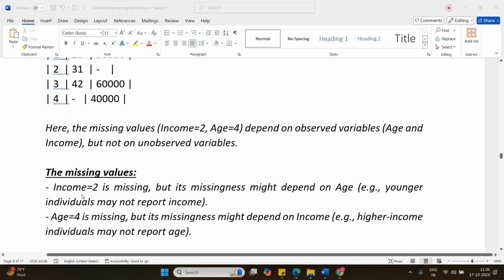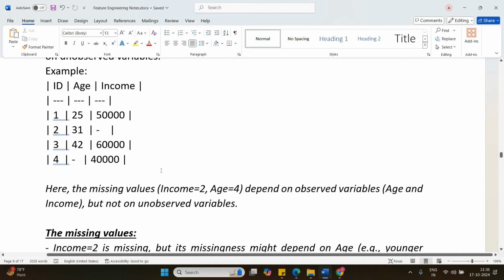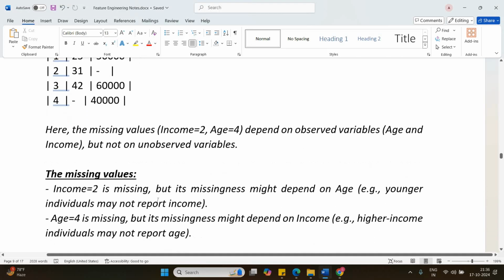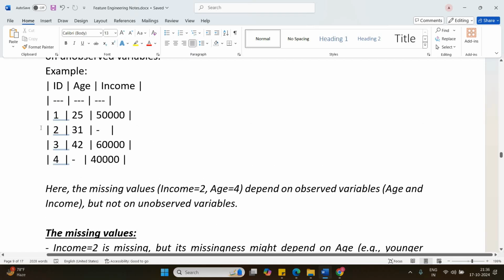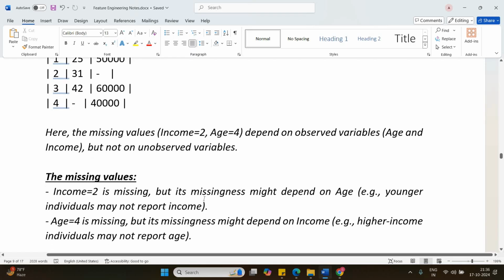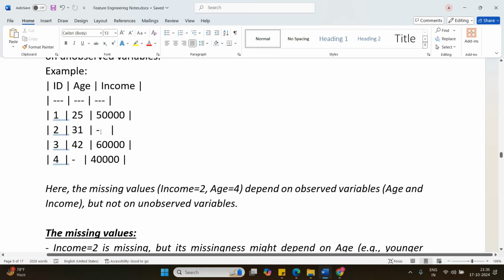This is very small data, but assume that you have a big amount of data, huge data. In that case, the income in the second row is missing, but its missingness might depend on the age. It may be that those who are younger are hiding their income.